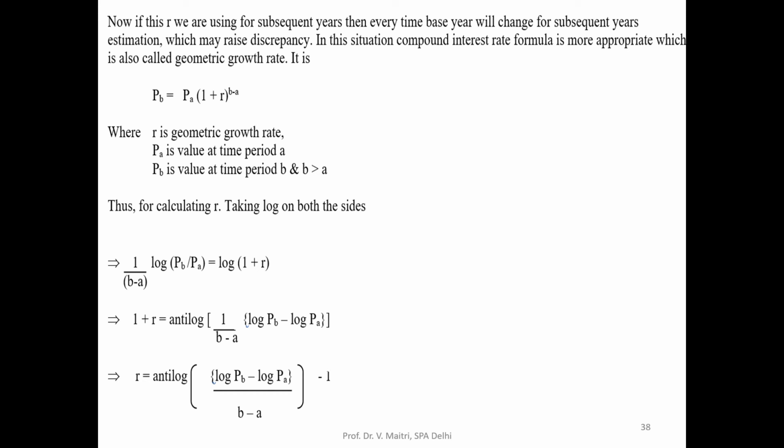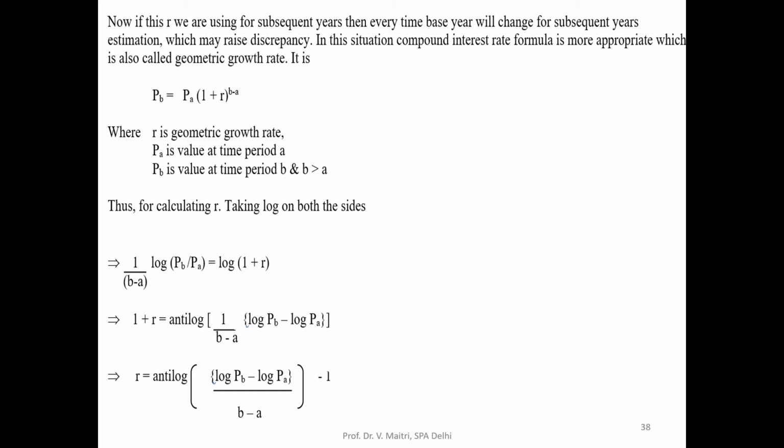Now if this R we use for subsequent years, then every time the base year will change for subsequent year estimation, and this may raise a discrepancy because the base year will change, so mathematically it will be a wrong solution. So in this situation the compound interest formula is more appropriate, which is called the geometric growth rate.